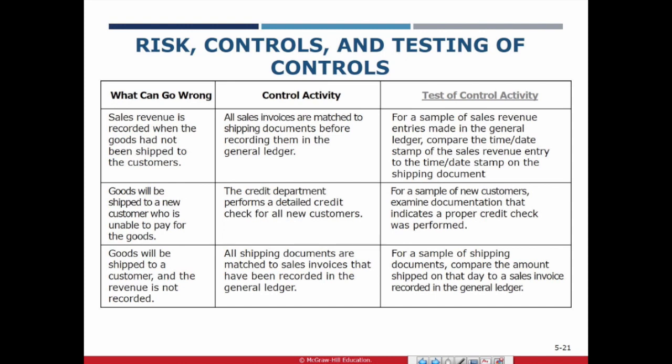So that's the control. The auditor would select a sample of shipping documents and compare the amount shipped on the date to the sales invoice reported in the general ledger report. Make sense? So again, the auditor's procedure is meant to get evidence about the assertions that clients are making.